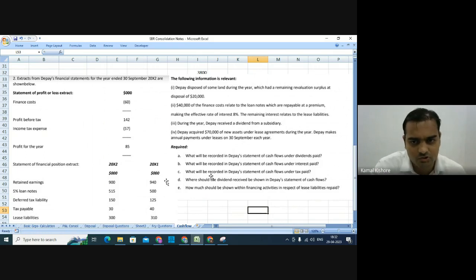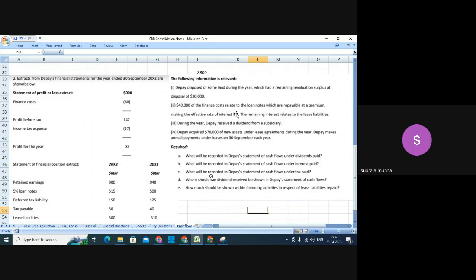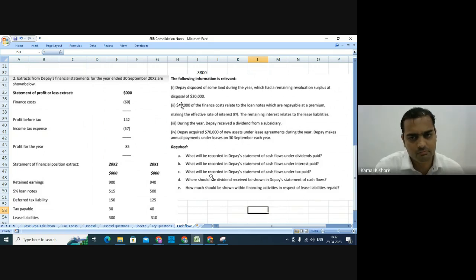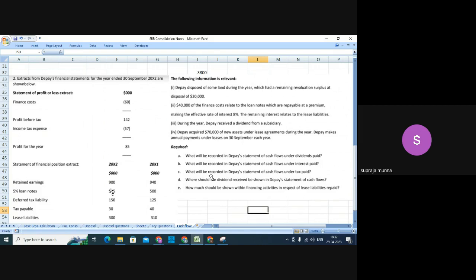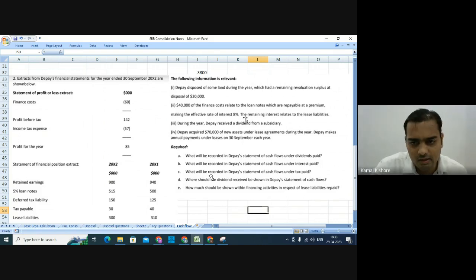What is the effective cost? 8%, so 540. But the coupon payment is how much? 5%, so 25. So that is why you are having this 515. And then they are telling us the remaining interest relates to lease liability. That means that 20,000 relates to lease liability.